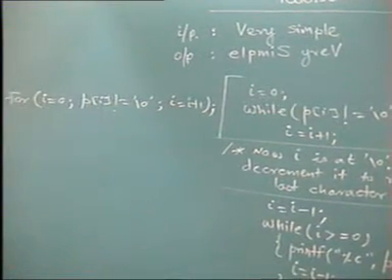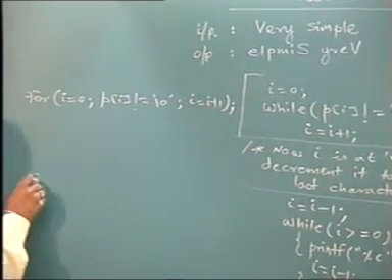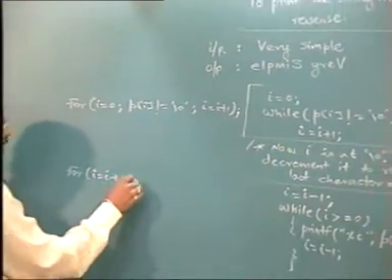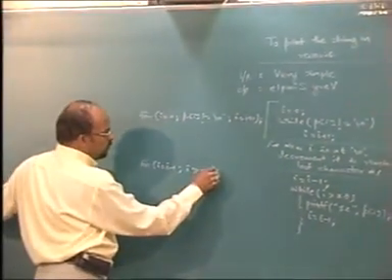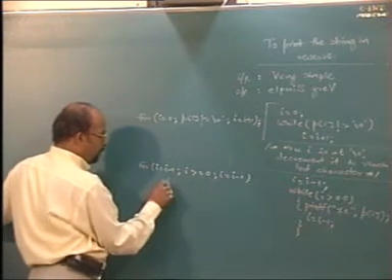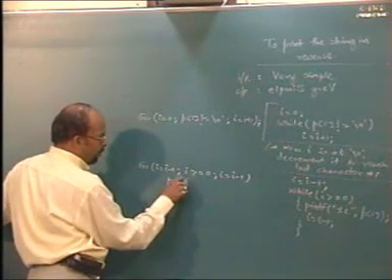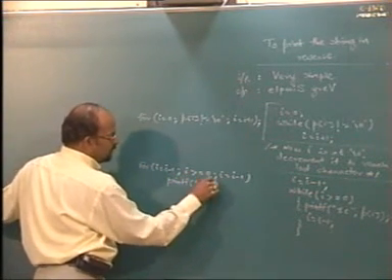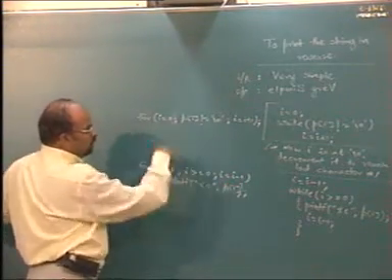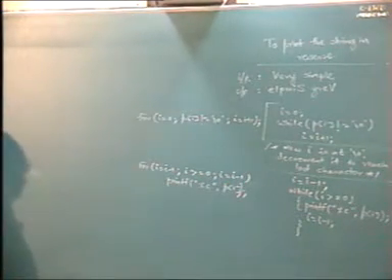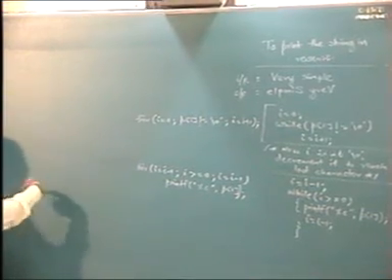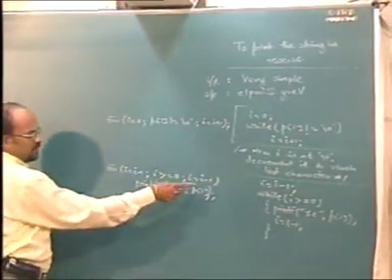This would have been my second statement for I equal to I minus 1, I greater than or equal to 0, I equal to I minus 1, printf %c P of I. The code would have been that simple, just 3 lines of code. Reach the end, decrement it, and till the first character keep on printing.